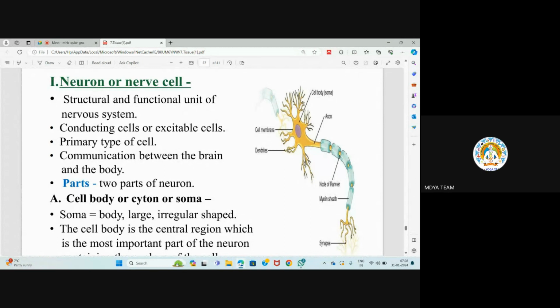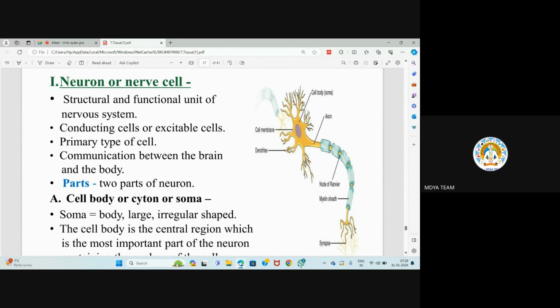So, neurons are a single cell only. So, a cell is the unit. Neurons are the smallest unit of the nervous system. So, the structural and functional unit of the nervous system is the neuron.